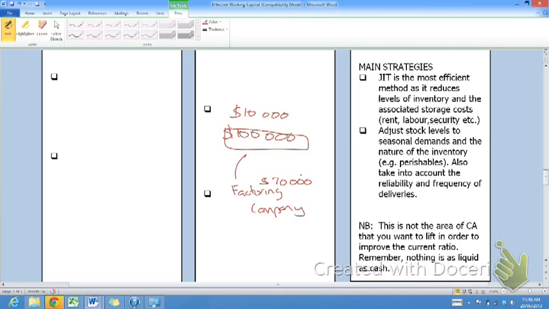in the hope that then... And by the way, that money goes to you, so now your bank balance is up to $80,000. Okay, although it's cost you 30 grand, you no longer have to worry about collecting that 100,000. And the factoring company then goes off and tries to get that money off people.